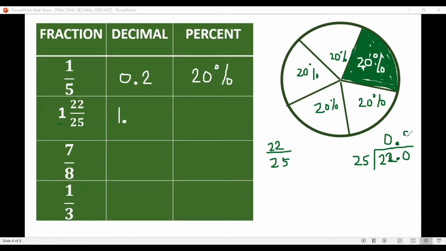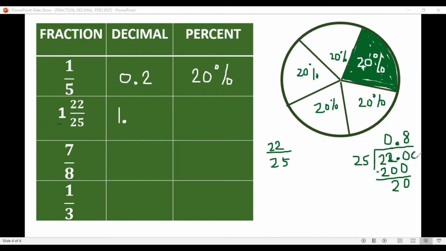We will have an answer which is 8. 8 times 25 will give us 200. What to do next is to subtract. So subtracting 0 and 0, we still have 0. And then 2 with the 0, we have 2. And then 2 minus 2 is 0.